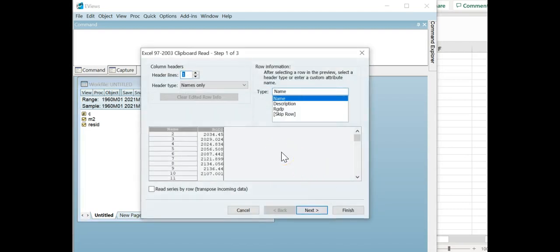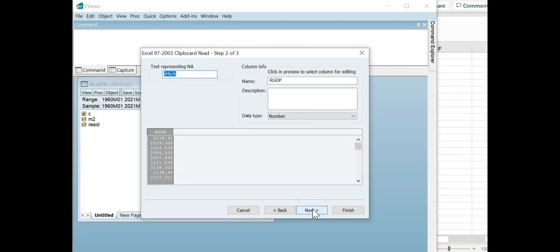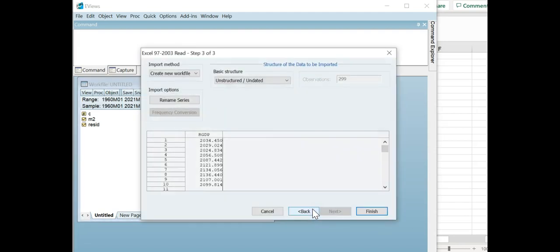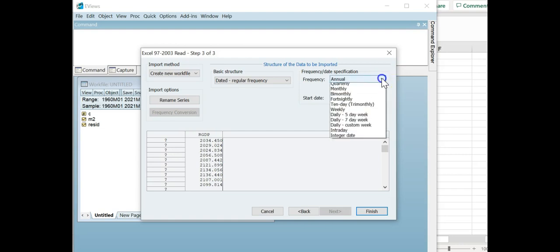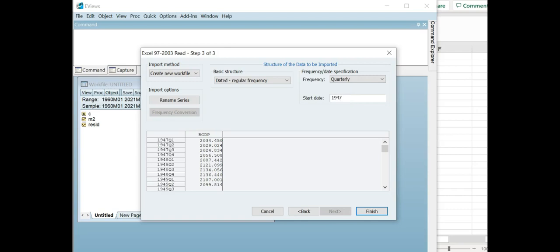Paste as a new workfile, regular frequency. This is quarterly, 1947Q01.